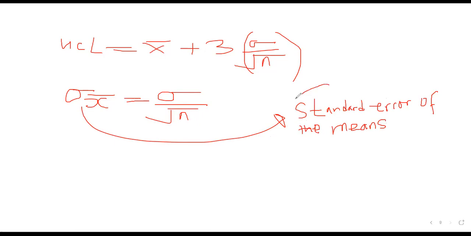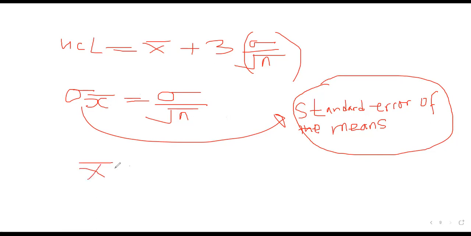All right, so this is the standard error of the means. So this is when the mean is known and the standard deviation known.